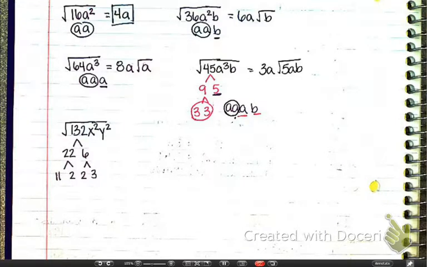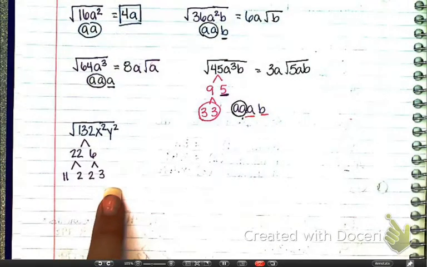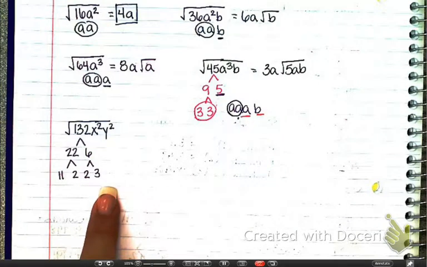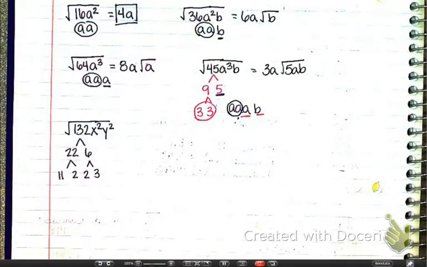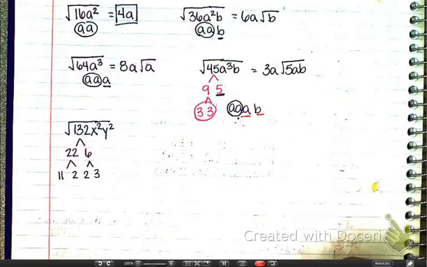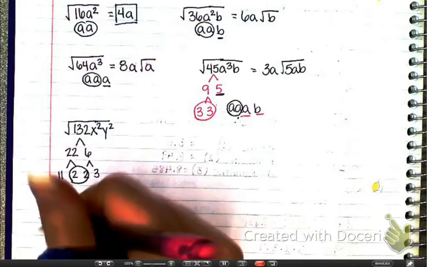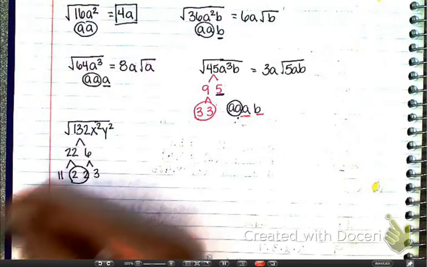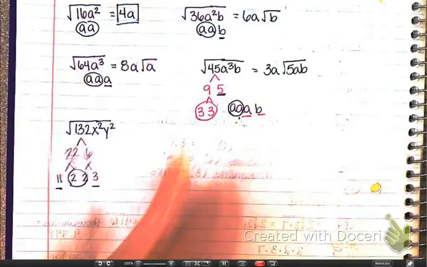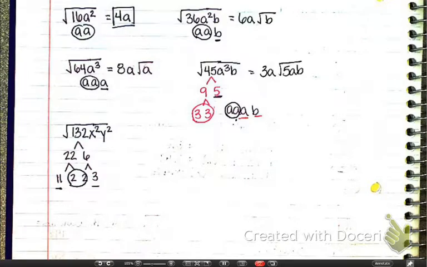Okay. Did all of you end up with the same prime factorization at the end, no matter what you used? Okay, you should. So I have a pair of 2s, and I have an 11 and a 3 left over. Okay.